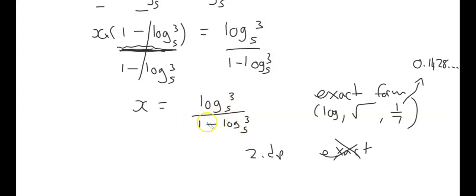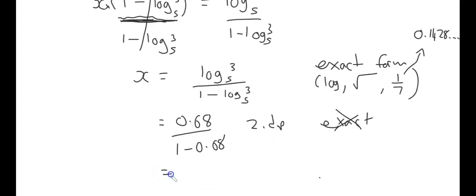So for example, in this question, if you wanted it in non-exact form, you could actually use a calculator to work out log of 3 to base 5 and then just evaluate that. So let's just do that quickly. So log of 3 to base 5 would be approximately 0.68, and then divided by 1 minus 0.68, and then that is going to equal approximately 2.125.